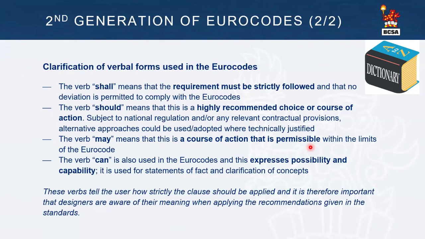The verb should is a very strong recommendation to follow a specific requirement. May means permissibility, and can a capability, a possibility. So you have to be aware when using the code which type of verb expresses a specific requirement to understand whether you can or cannot deviate from the rule.